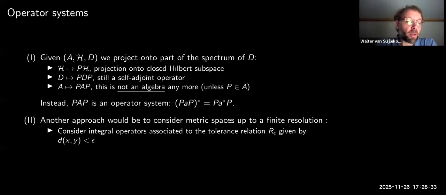And this is a so-called tolerance relation. So it's symmetric and reflexive, but not transitive, of course, because my epsilon is fixed. And then what you can do is look, in a groupoid style, at integral operators that are supported on this tolerance relation. And that's somehow the underlying principle.